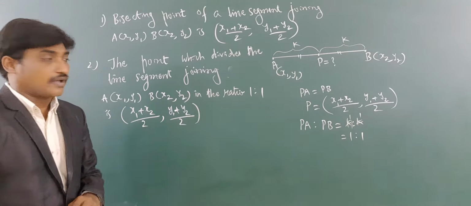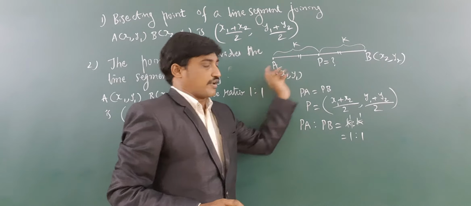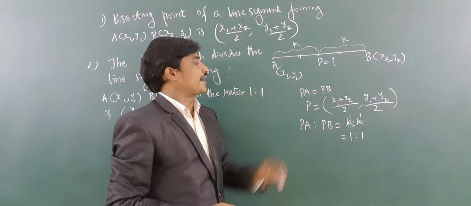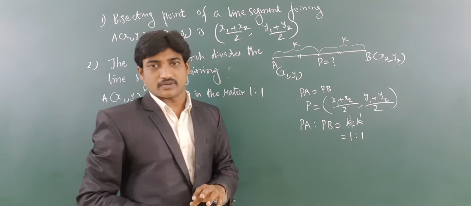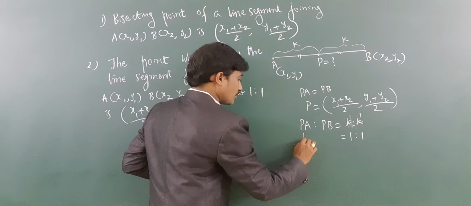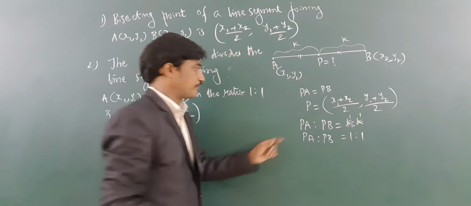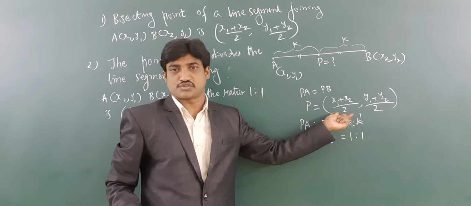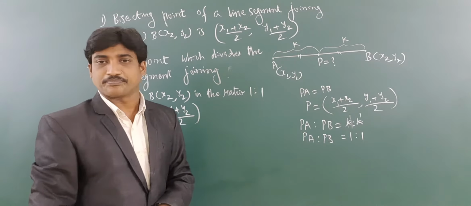So as P is the midpoint of AB, as P is dividing AB in the ratio 1:1, PA is to PB is 1:1. So we can write P as ((x1 + x2)/2, (y1 + y2)/2).